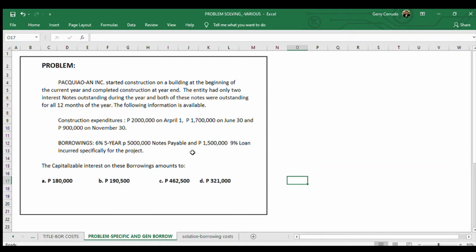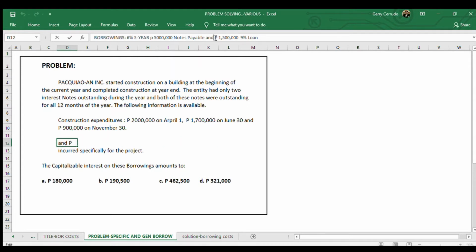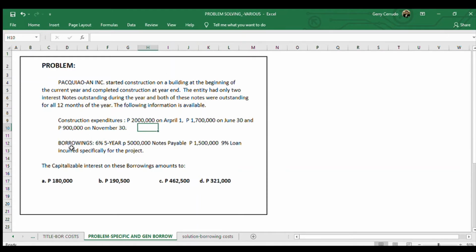So, ito ay notes payable 1,500,000, but given dito na this is specifically for the project. So, ito yung tinatawag natin na specific borrowing.